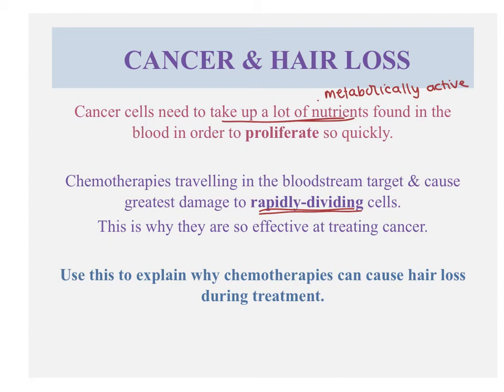And this semi-targeted intervention is why they're so effective at treating cancer cells, but also partly the reason why they cause hair loss. So spend a little bit of time thinking about why chemotherapies targeting those rapidly dividing cells causes hair loss. Pause, and when you're ready to move on, let's go on to the next slide.